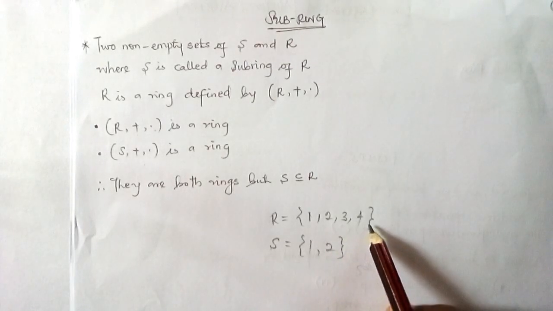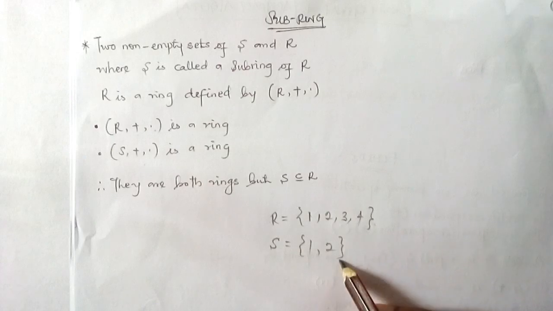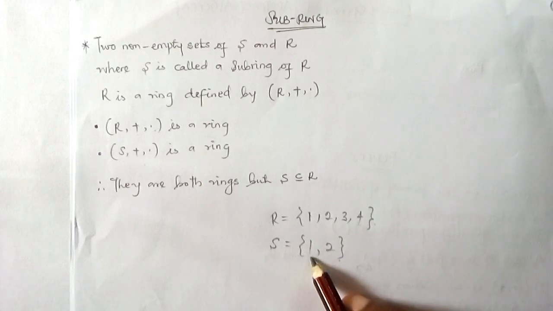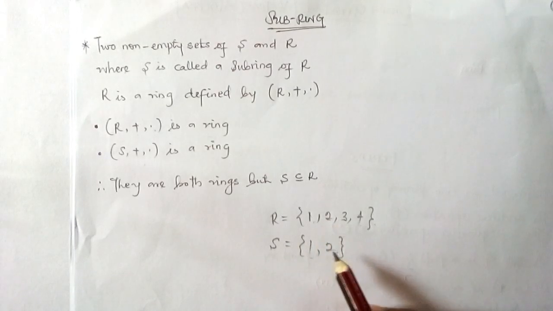If this is performed on both operations and we get R as a ring, and S also as a ring, then we can say S is a subring of R, because you see 1, 2 everything contained here is inside this. You understand that?